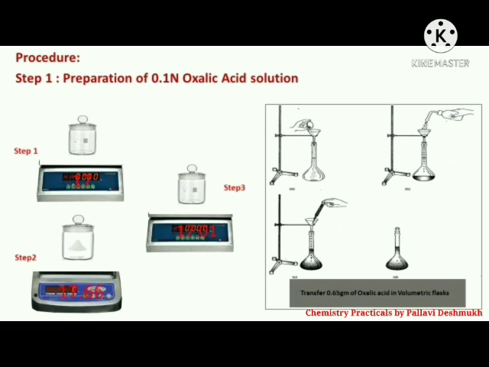Now transfer the substance from the weighing bottle to the 100 ml volumetric flask with the help of the funnel and note down the weight of the weighing bottle after transferring the compound. Now dissolve the oxalic acid in a minimum quantity of water and make up the volume up to the mark. Now this is the standard oxalic acid solution. This whole process is represented in the presented slide.